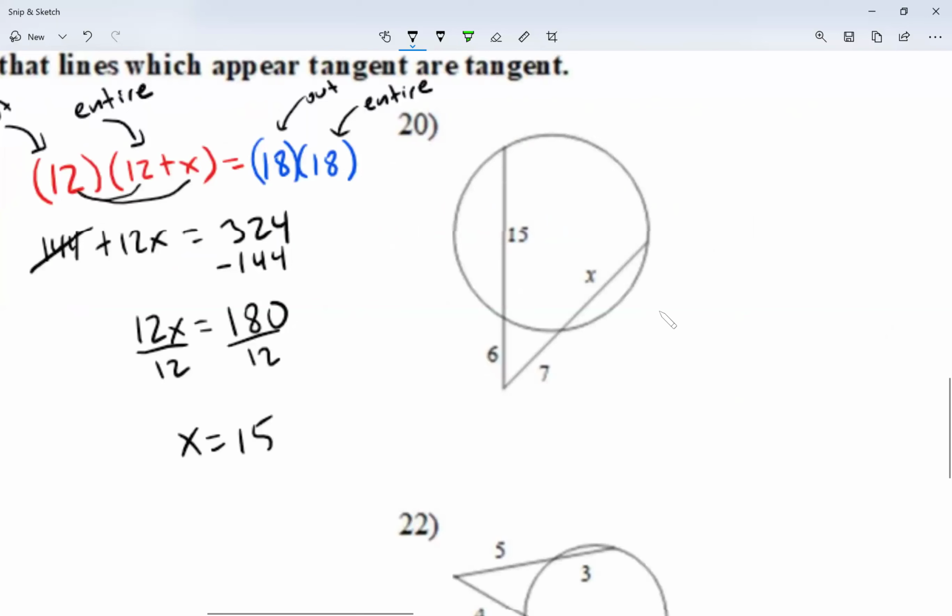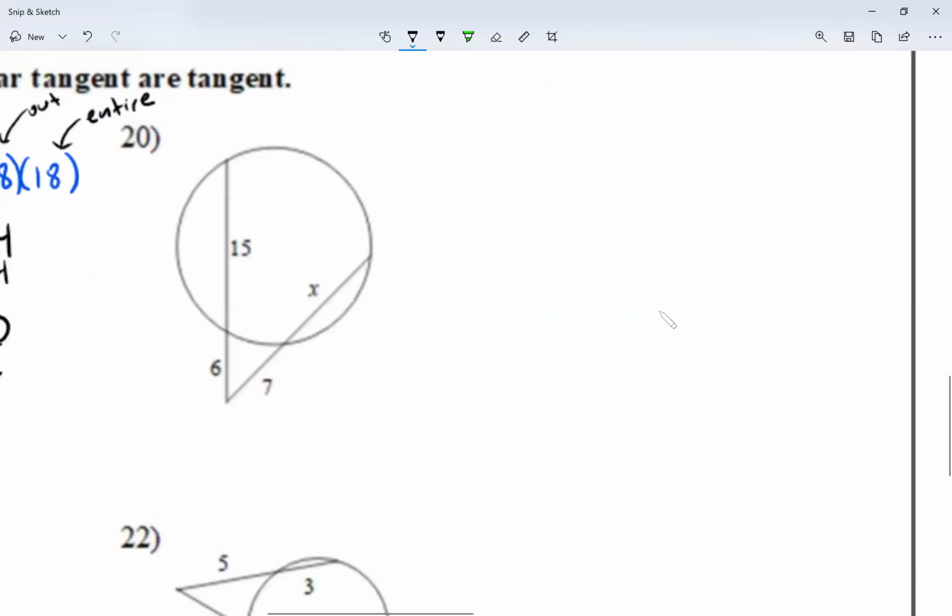Take a look at number 20. I'm going to look at the segment that has x. So I'm looking at this segment. I see outside of the circle 7, and then the whole thing is 7 plus x. So outside of the circle is 7. The whole thing is 7 plus x.